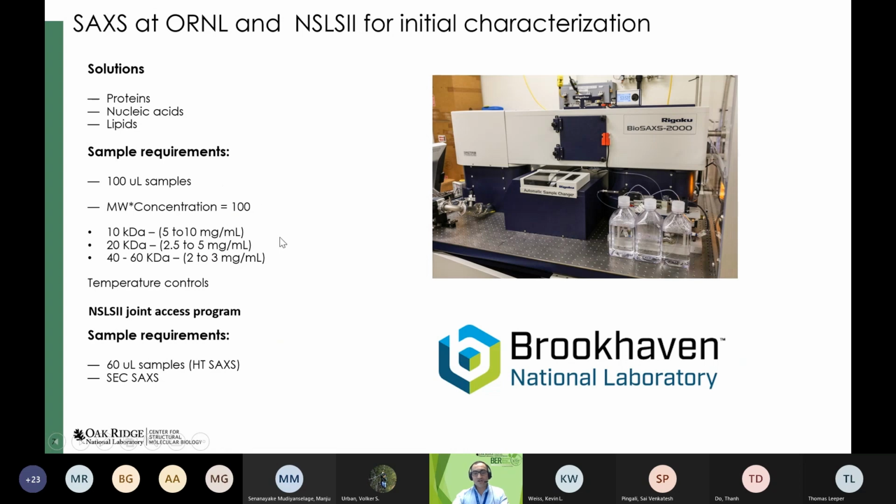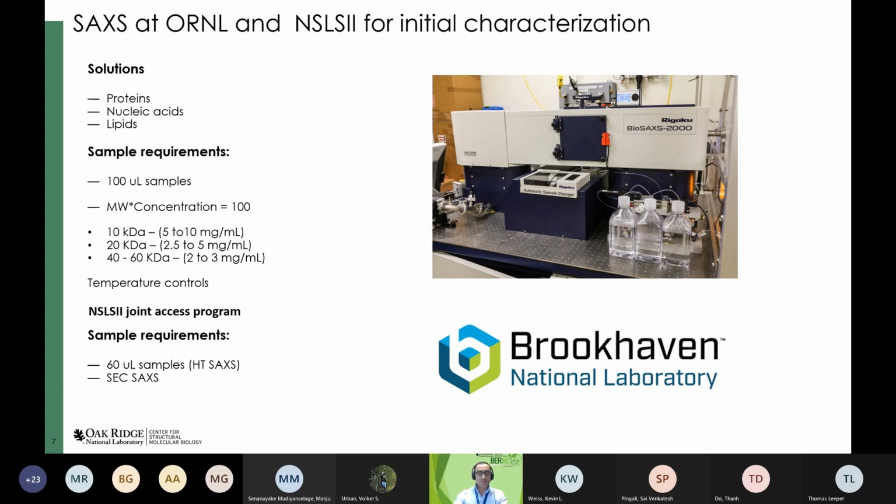The target concentrations, in general, from my experience: for instance, if you have a 10 kilodalton sample, to get good data with good signal to noise you need around 5 to 10 milligrams per ml. If you increase your molecular weight, your concentration can be decreased to 2.5 to 5 milligrams per ml. How long we collect our data defines the statistics.